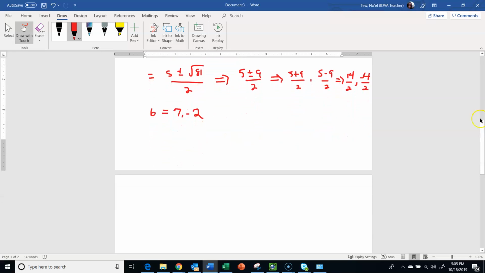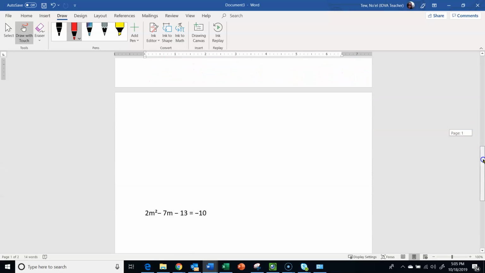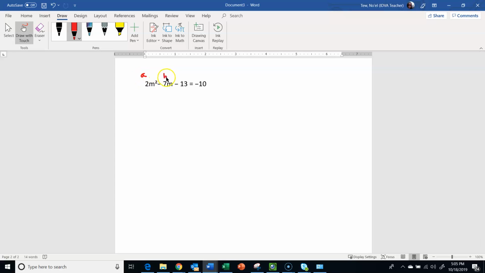Now I wanted to show you one more where the answer isn't so nice, where you couldn't factor. And this is one right here. We can see that A equals 2, B equals -7, and C equals -13.